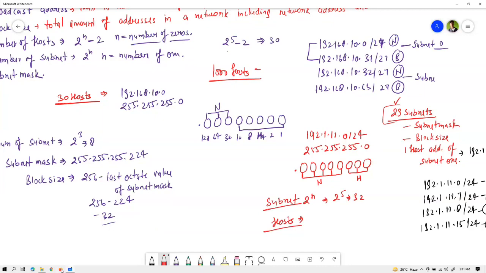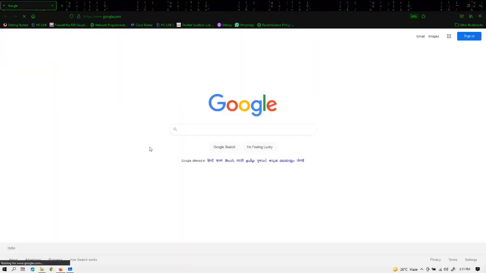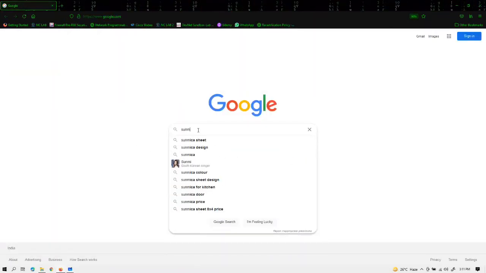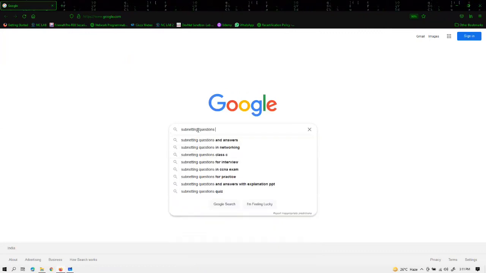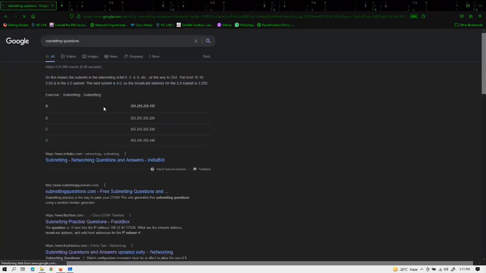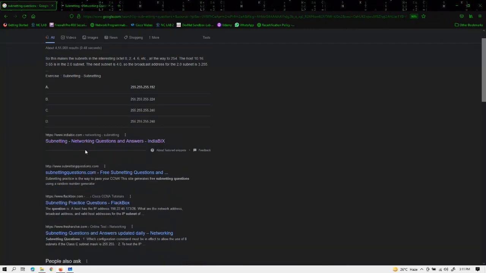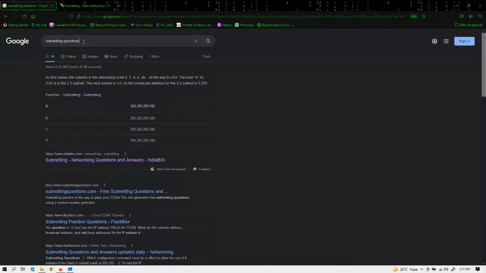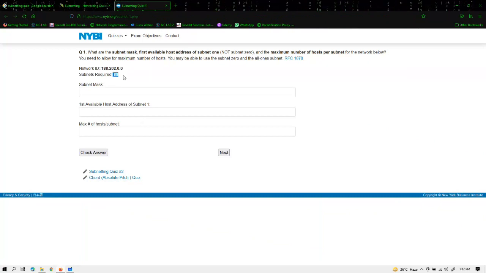Okay, now let's do some exercises over the internet. You will find many quizzes and subnetting questions. You just need to understand the concept first, and after that, you will have a lot of exercises. There will be some quiz-kind of questions like this. Here it is given 188.202.0.0, and how many subnets are required? 88.